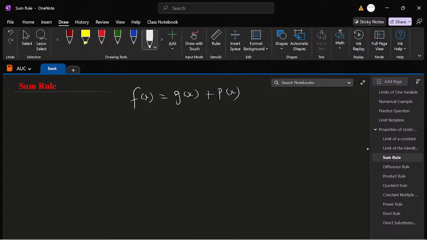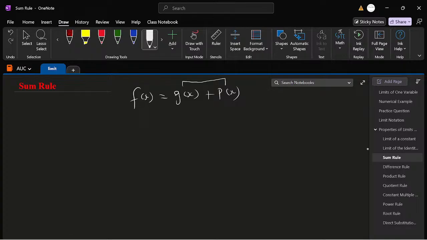The most important thing is that you're having a sum of two functions. It could be more than 2, so you could have two or more functions, and the same logic applies to them.